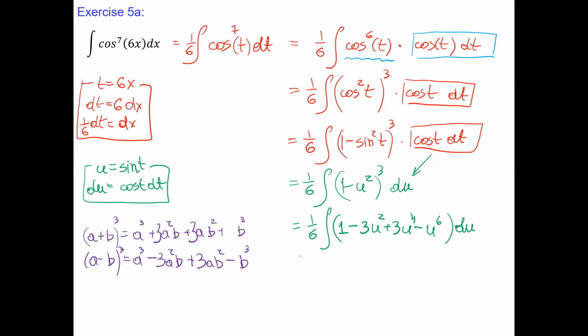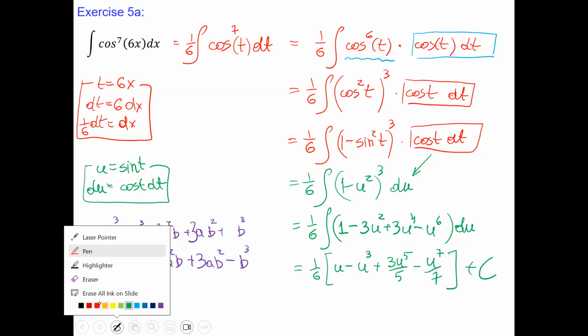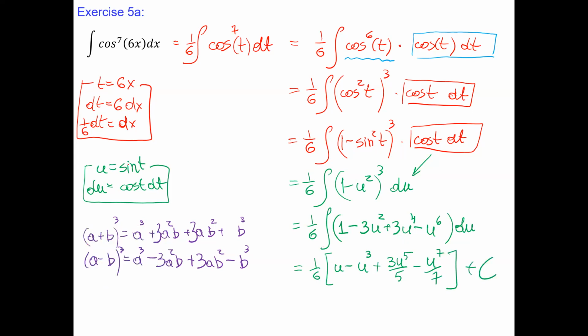Okay, and now it's just the integration. Integral of 1 du is u. Integral of 3u squared will be just u cubed. And then this integral will be 3u to the power of 5 over 5, u to the power of 7 over 7. And the only thing that we have to do at the end: u was sine of t. So instead of u, we will replace every single u with sine of t, and then t was 6x.